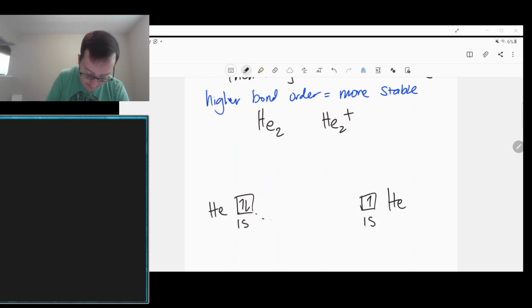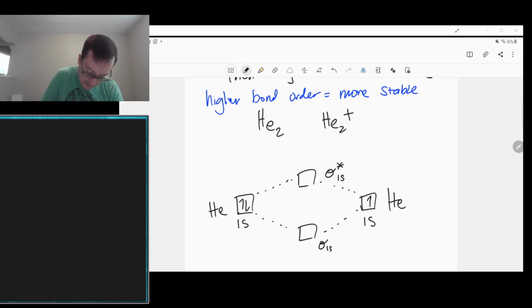Because we're going to see now, when we make our molecular orbitals, we end up with the following. We put 2 electrons into 1s. We always fill from bottom to top, low energy to high energy. We have 3 electrons total.